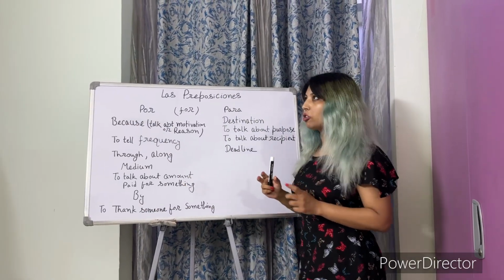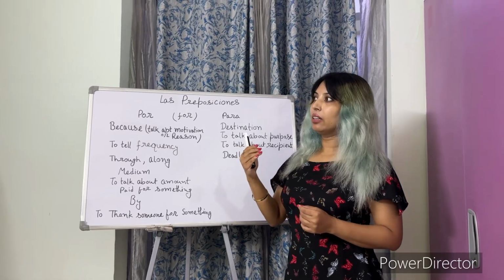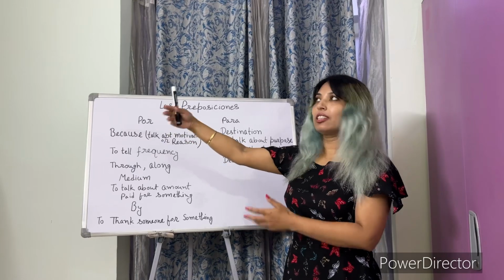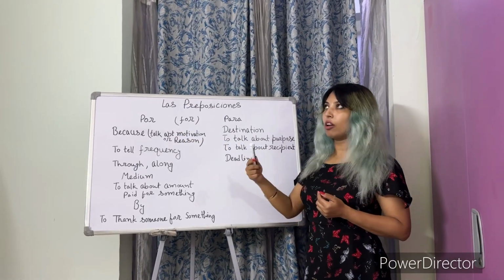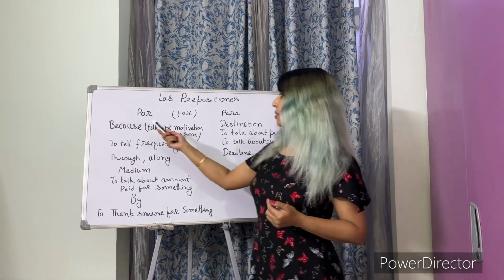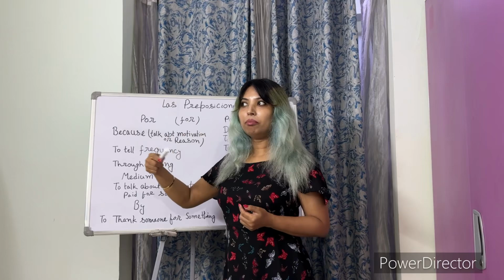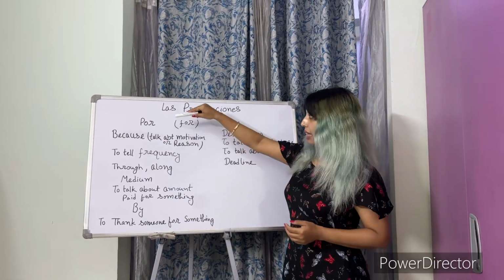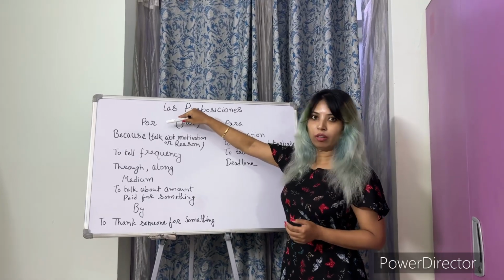Like if I want to say I married him for his intelligence, for his intellect, that means there was a motivation or reason behind me marrying him. So in this context you are supposed to use por.